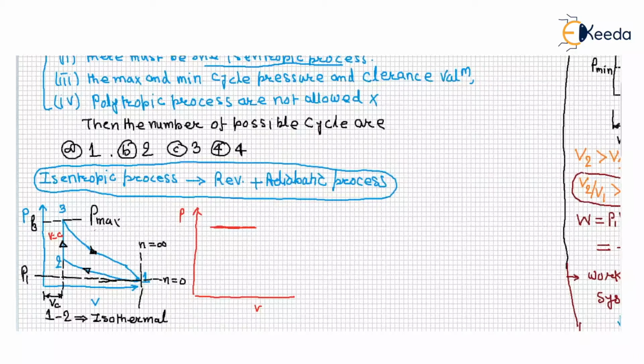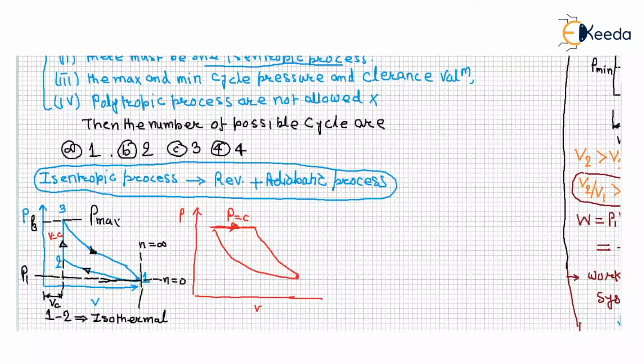All are clockwise. Why? Because there is work producing. So this is your pressure constant, and construct like that.